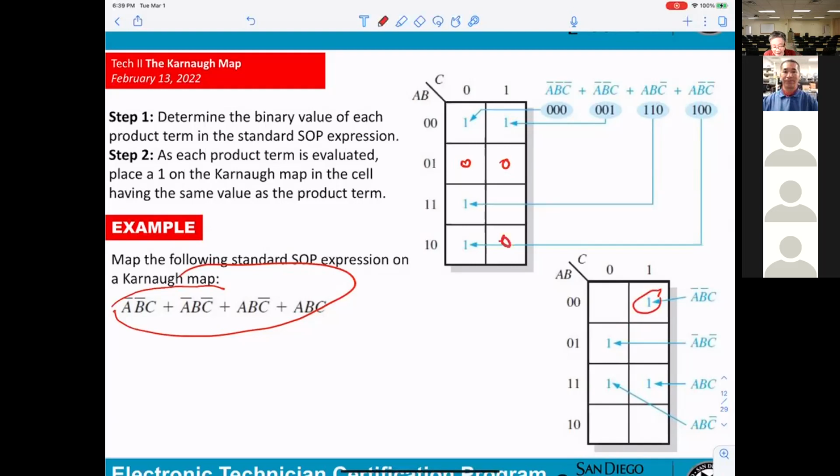Then you go to the next, looking for not A, B, not C. So you have to identify the cell. Not A right here, B is 1, not C here. So you get another 1.